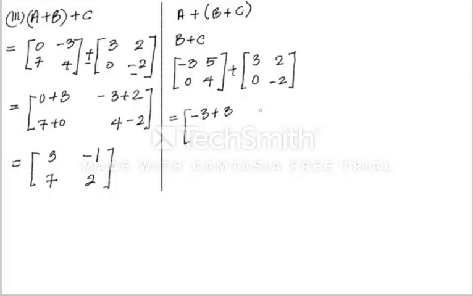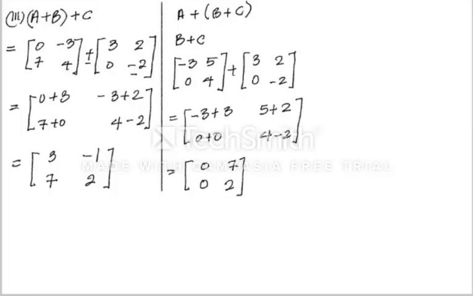Remember corresponding elements. 5 plus 2. That's the top right elements. 0 plus 0, bottom left. And 4 plus minus 2, which is 2. So this comes out to be minus 3 plus 3, 0, 0, 7, 2.